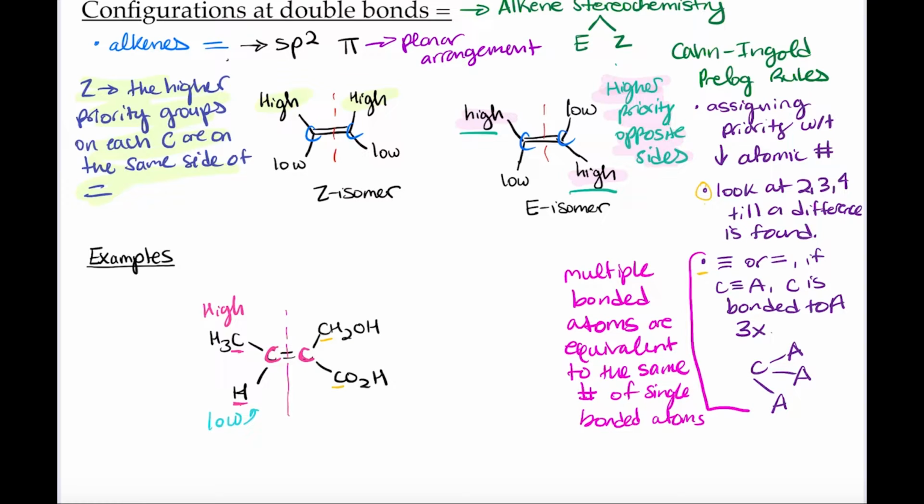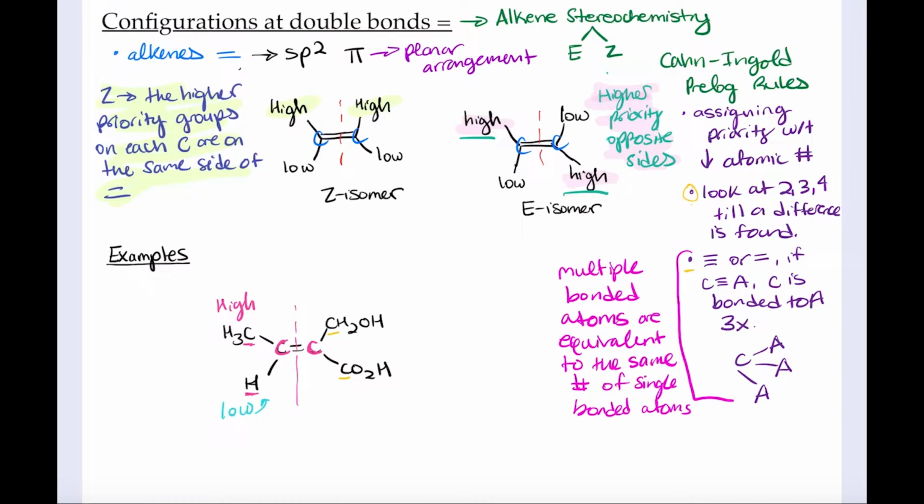Now, going to this rule, if you have a triple or double bond, that means that that carbon, that atom, is going to be bonded to that other atom 3 times. So this carbon bonded to this oxygen looks like this. Essentially, this is what it's going to look like. This is our carboxylic acid.